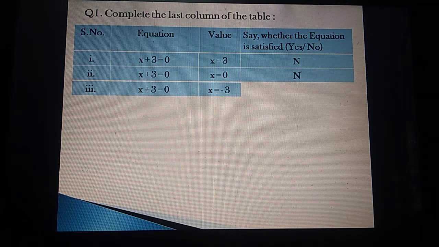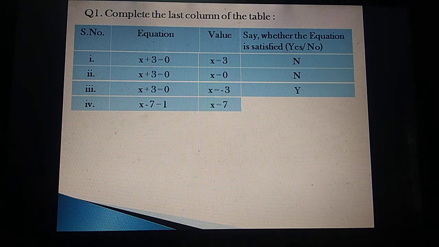Now when we replace x by minus 3, you will get on the left hand side minus 3 plus 3, that is 0. So the answer is yes. Next is x minus 7 equals 1 for the value x equals 7.